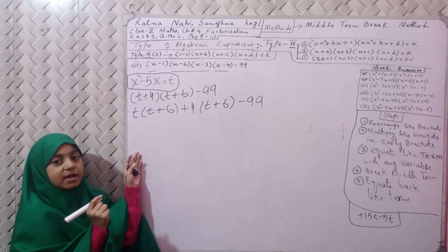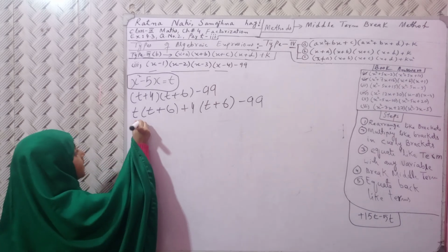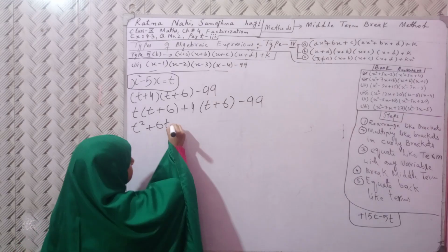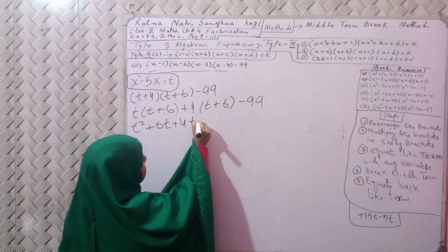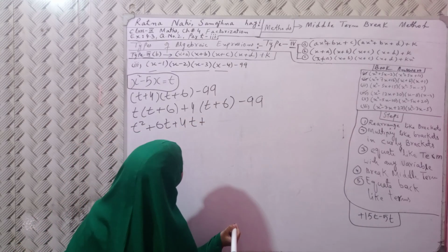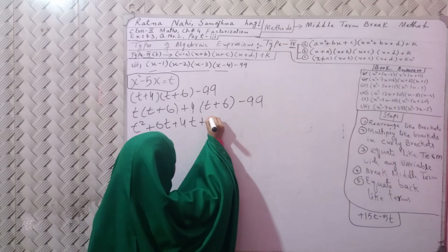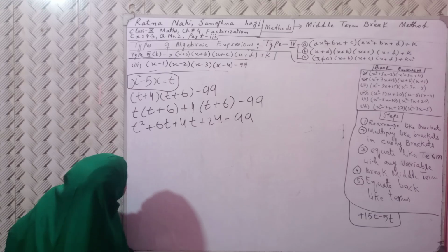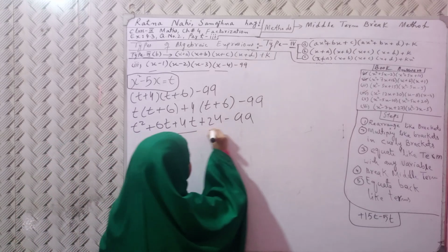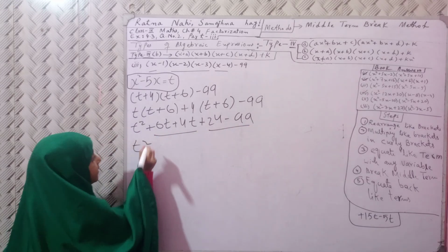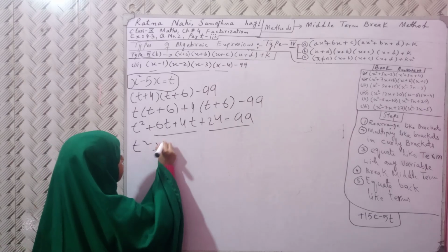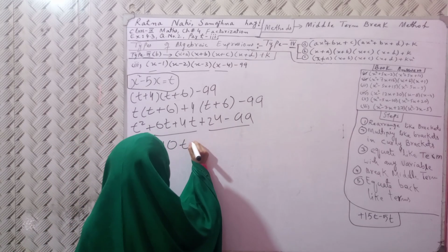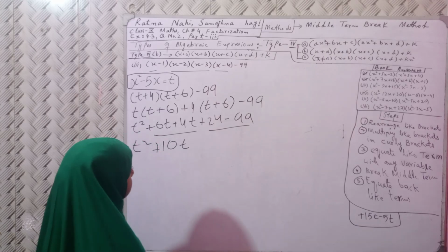Then this will be multiplied again. t² + 6t + 4t + 24 - 99. Then this and this, t² + 10t + 24 - 99.